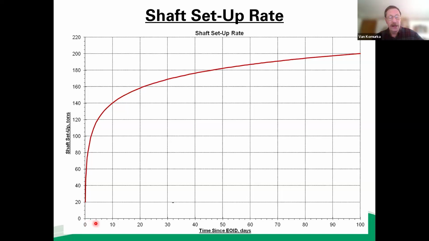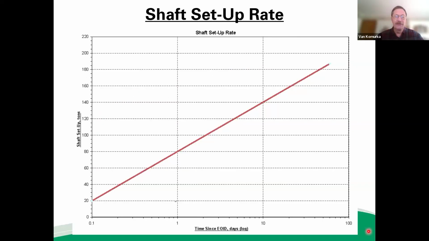The x-axis is straight algebra, straight axis. And you can see that the shape of the curve shows that there's a lot of setup that comes on early, and then it tapers off. It's a law of diminishing returns with respect to time and setup coming on a pile. This illustrates the point that setup is kind of front-end loaded, but it's not very valuable in getting a few points across. So let's look at this a little differently.